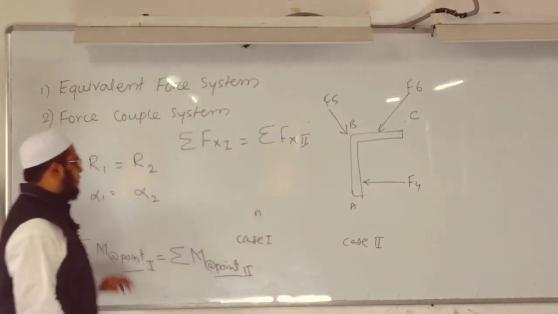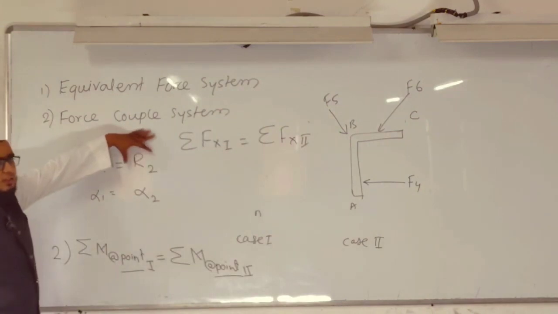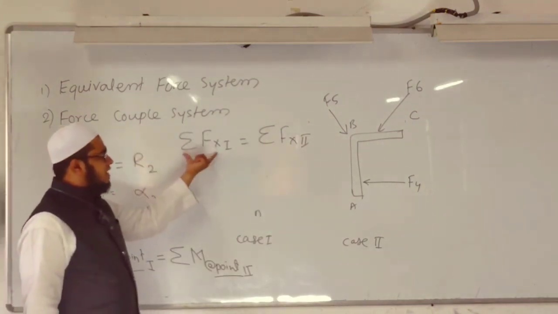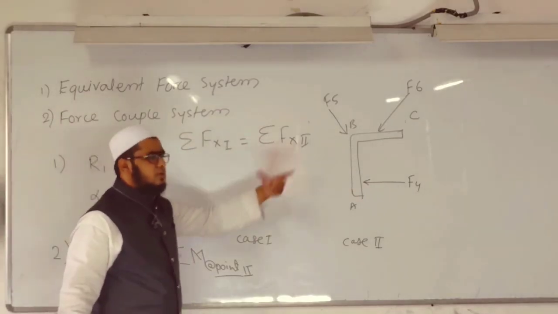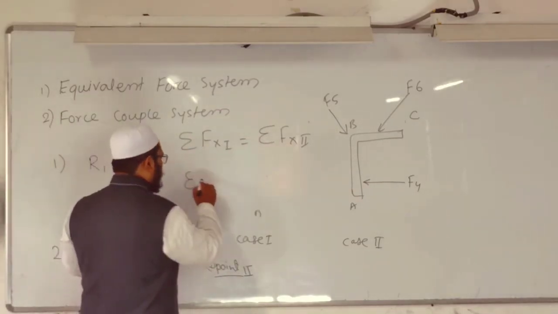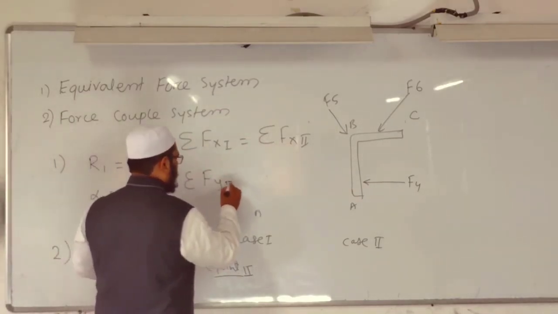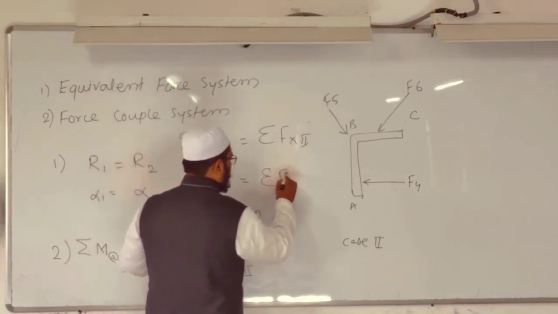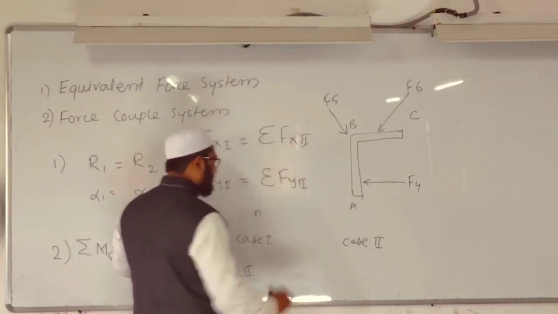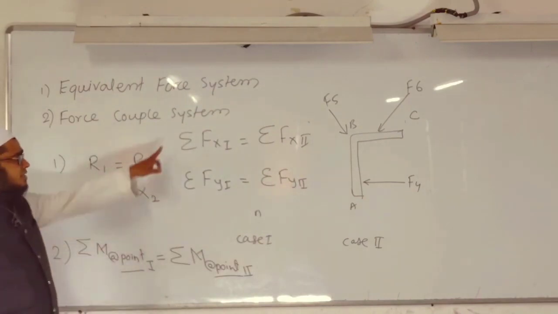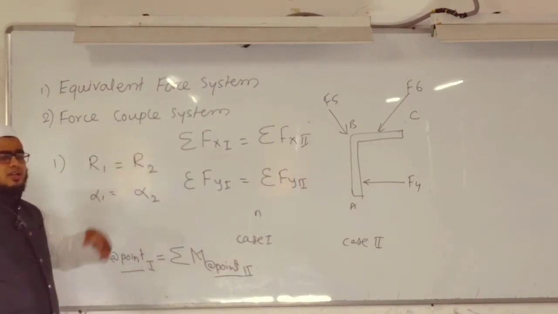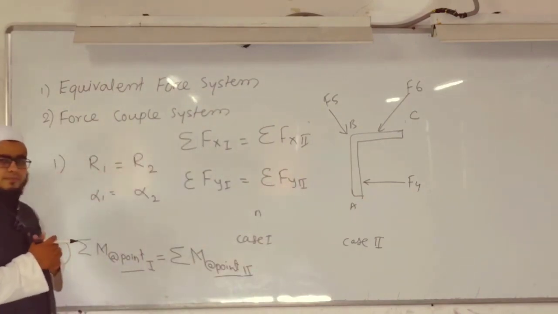That's why if resultant R1 is equal to resultant of the second force system R2, therefore summation of Fx of first must be equal to summation of Fx of second, and summation of Fy of first must be equal to summation of Fy of second. Because summation Fx and summation Fy are the horizontal and vertical components of the resultant R.